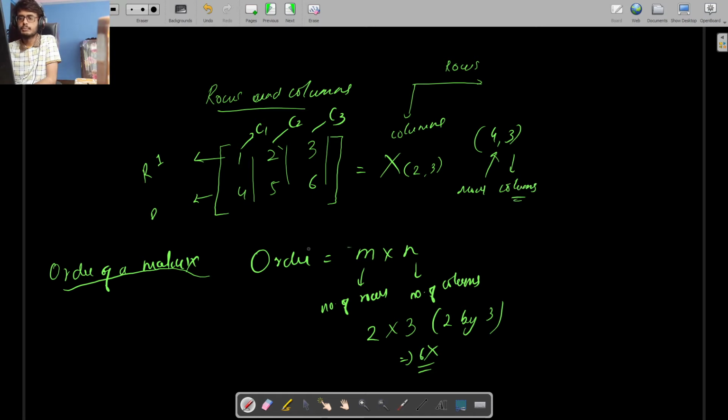By the order of a matrix, you can find the number of rows and columns in a matrix. So order is basically m cross n, where m is the number of rows and n is the number of columns. Is this clear?